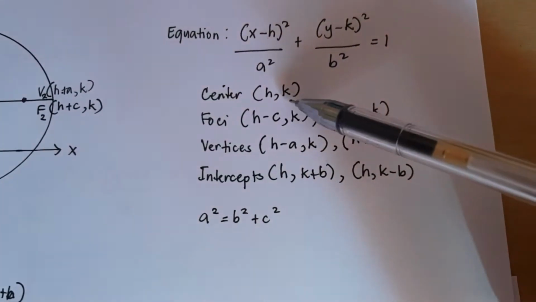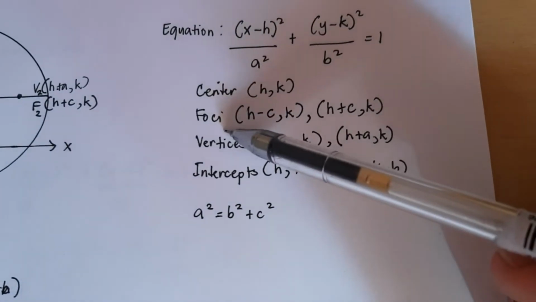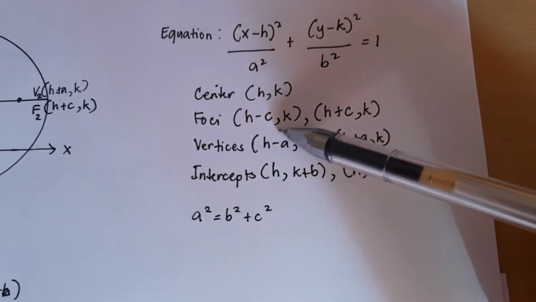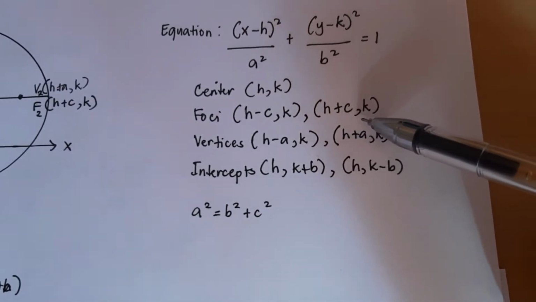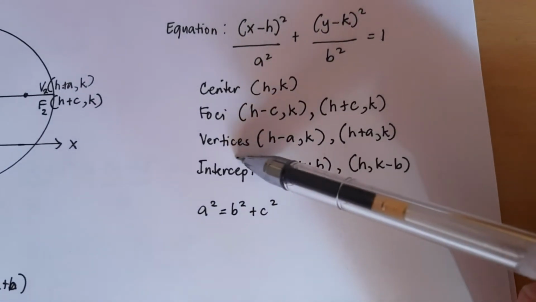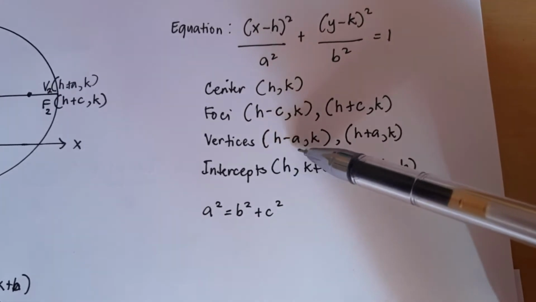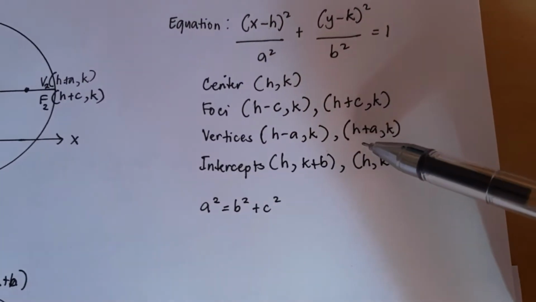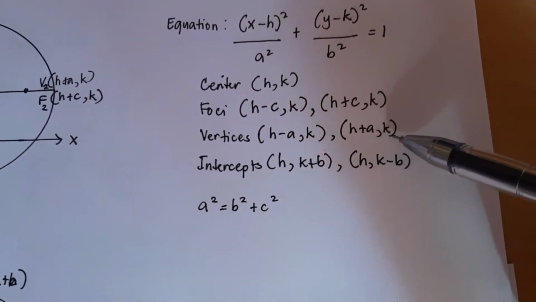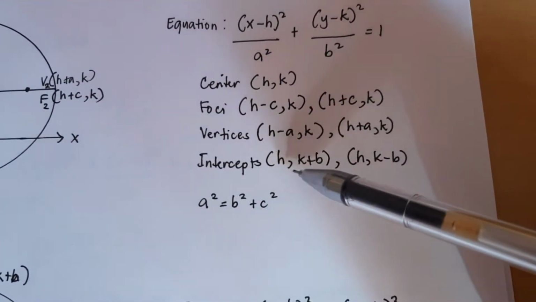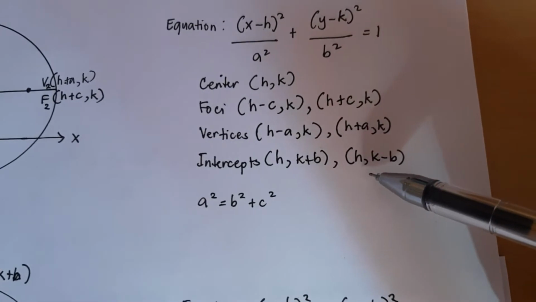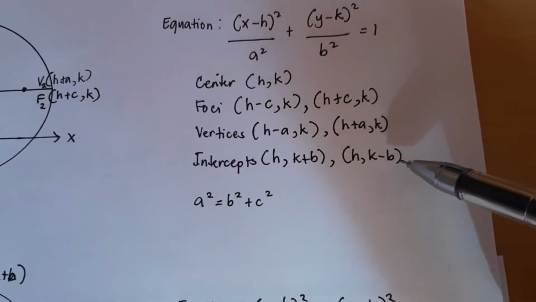So center is at (h, k), then foci is at (h minus c, k) and (h plus c, k). And then vertices is at (h minus a, k) and (h plus a, k). Then intercepts is at (h, k plus b) and (h, k minus b).